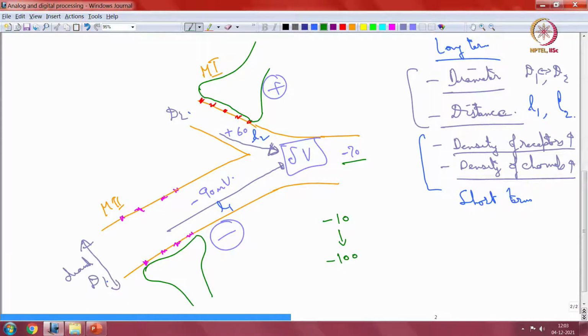A very linear calculation may not happen in the exact same sequence of events, it is just to tell. Suppose you have minus 70, and if we plot this graph, the signal reaches up to minus 10 and then goes all the way to minus 100. Suppose both of them reach at the same time.